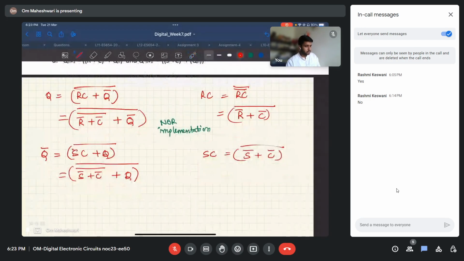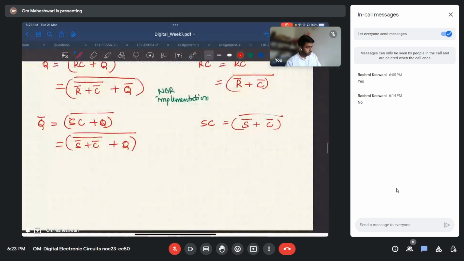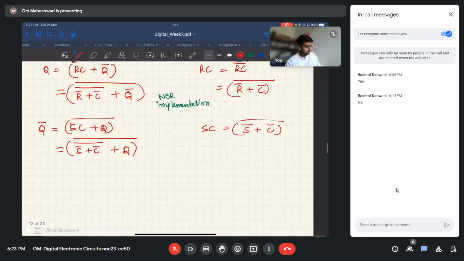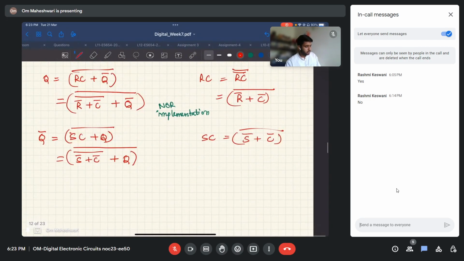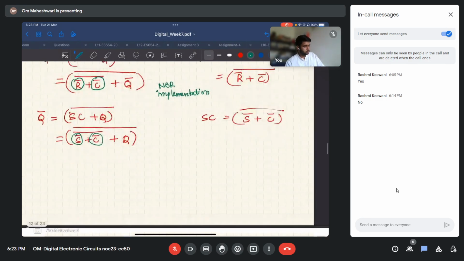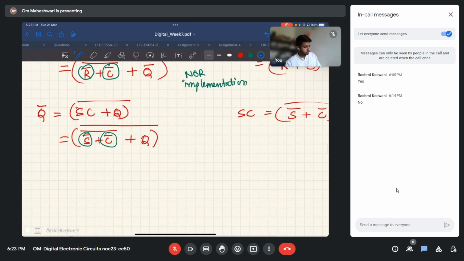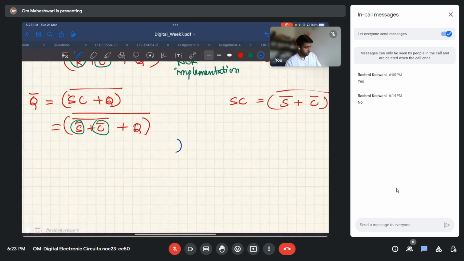Now let us make a circuit for it. We have inputs R bar, C bar, and S bar. Right. We have R bar, C bar, S bar as inputs. So for that, what we need to do, NOT gate is just a single input NOR gate.